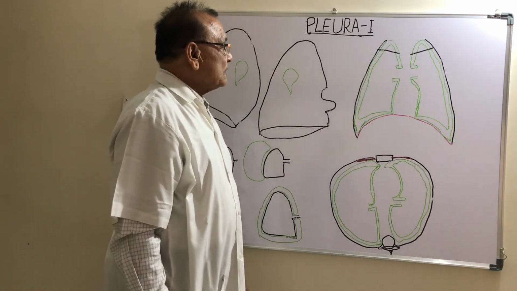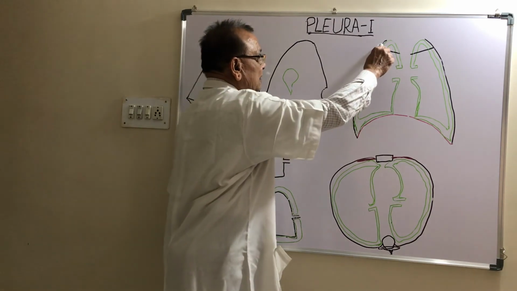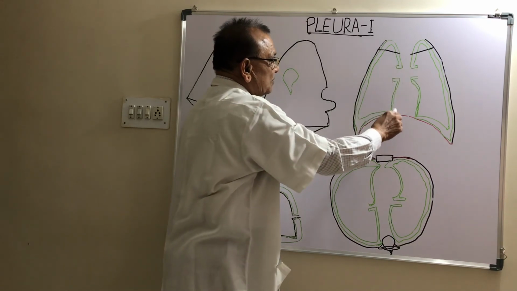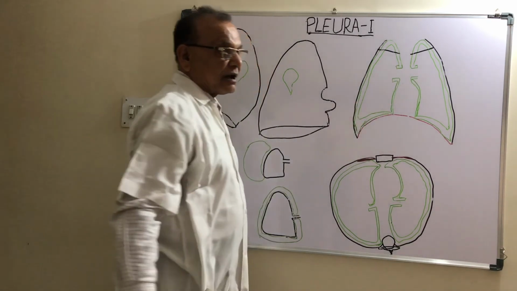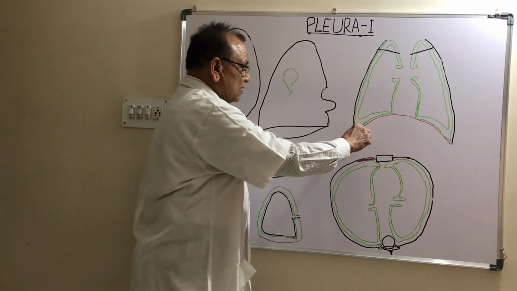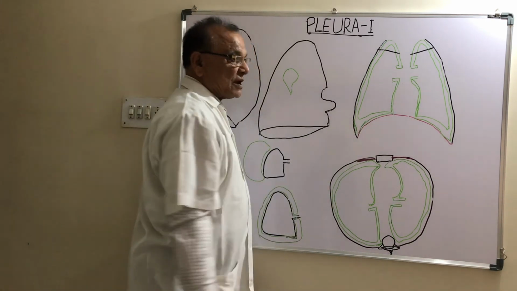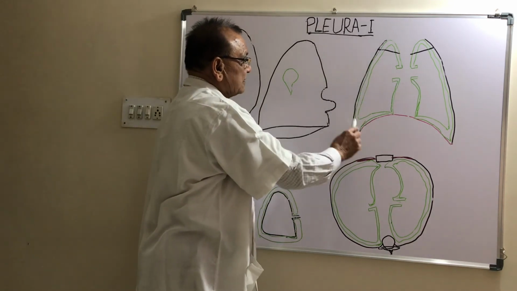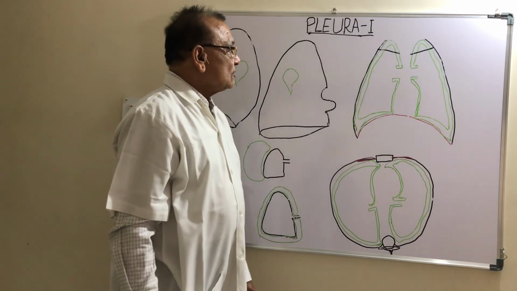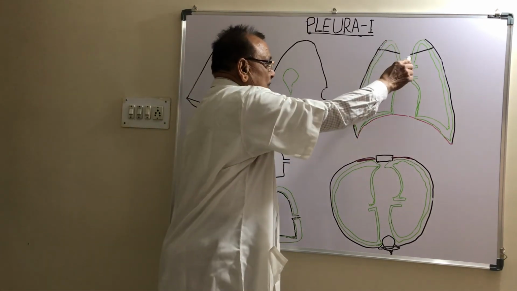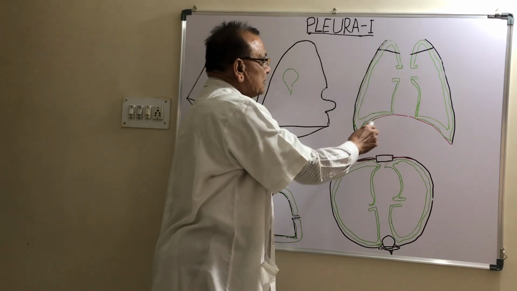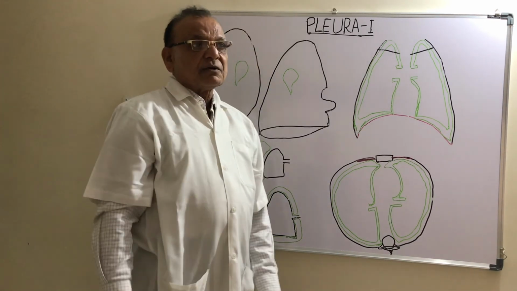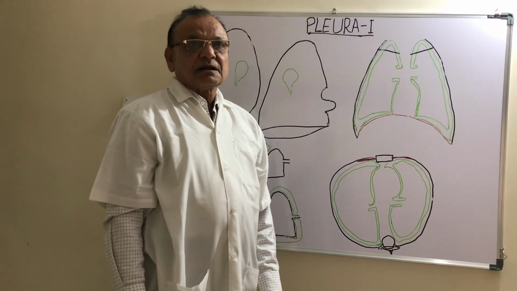So the parietal pleura is divided into four parts: above the clavicle, the cervical pleura; the part forming the boundary of the mediastinum, the mediastinal pleura; the part covering the upper surface of the diaphragm, the diaphragmatic pleura; and the part covering the whole of the thoracic wall, the costal pleura. Details about these four parts I will tell you in the next lecture. Now today's topic is over.